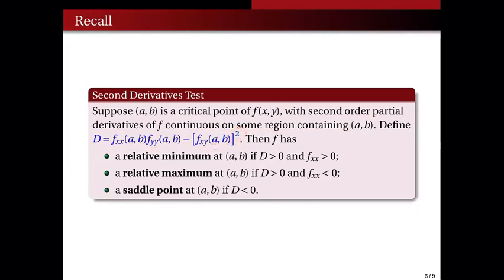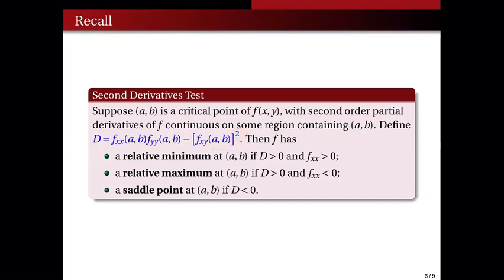So again, define D to be f sub xx at (a, b) times f sub yy at (a, b) minus f sub xy at (a, b) squared.